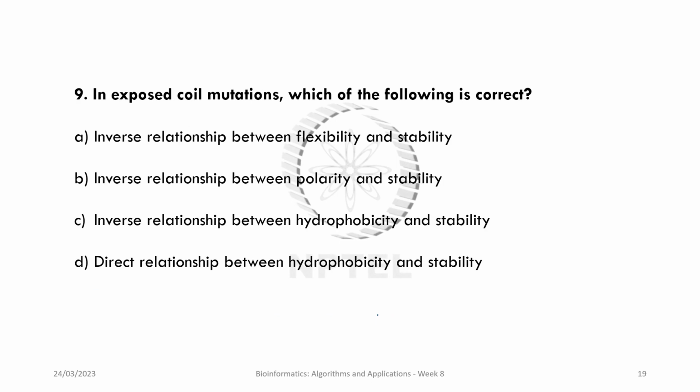Question 9. In exposed coil mutations, which of the following is correct? Inverse relationship between flexibility and stability, inverse relationship between polarity and stability, inverse relationship between hydrophobicity and stability, and direct relationship between hydrophobicity and stability.